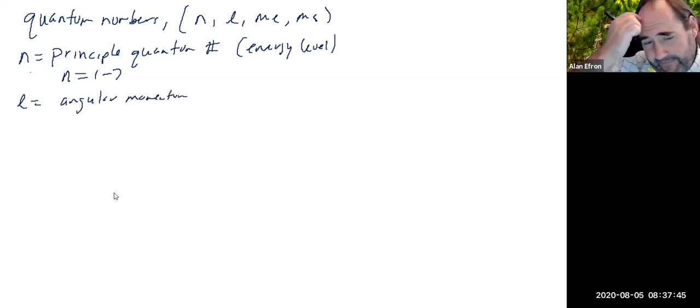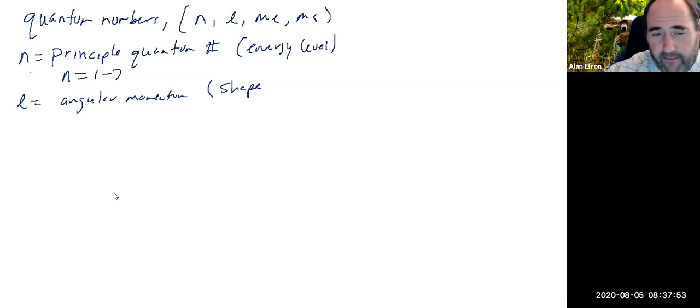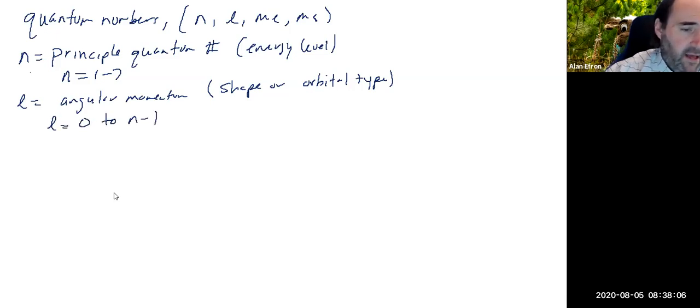It's, for lack of a better term, the actual shape, really the orbital type. And l has values of 0 to n minus 1. Then we had m sub l, which is our magnetic quantum number.